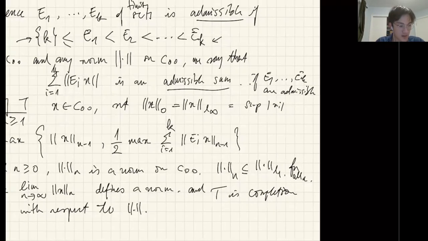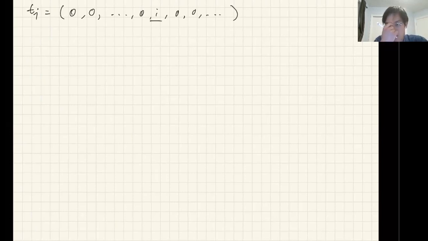Okay, so here are a couple more facts. Let e_i be the sequence that is 1 at coordinate i and 0 elsewhere. The sequence of these is an unconditional basis for T, which is the space we just call T for Tsirelson space.